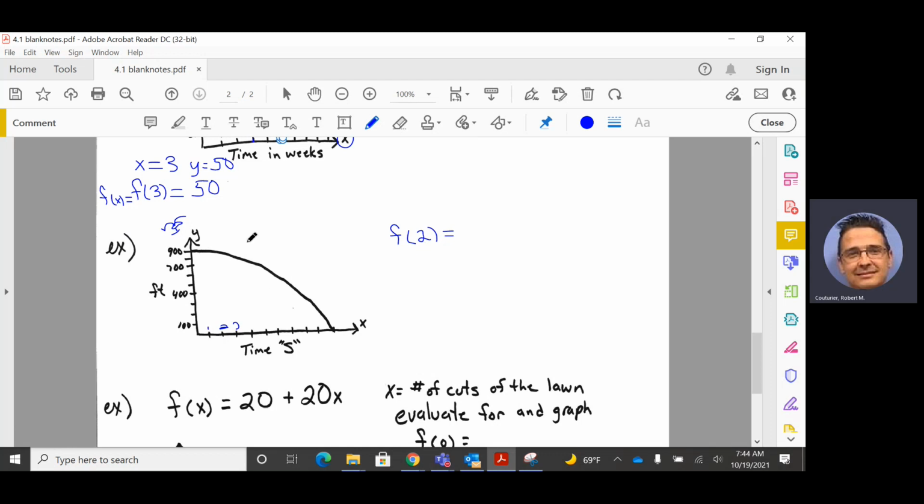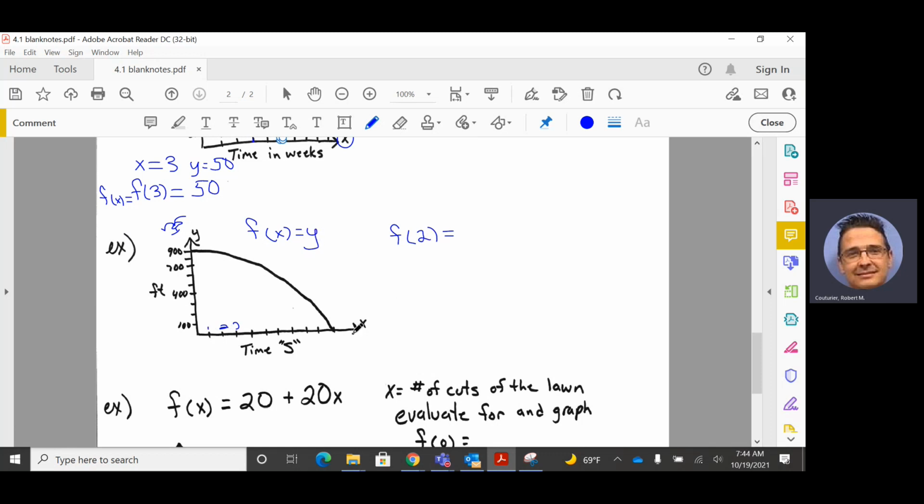So this graph represents the function. Here's the graph of f of x, and that again equals y. Okay, it represents this equation. We're trying to find what is the y when our x is 2.